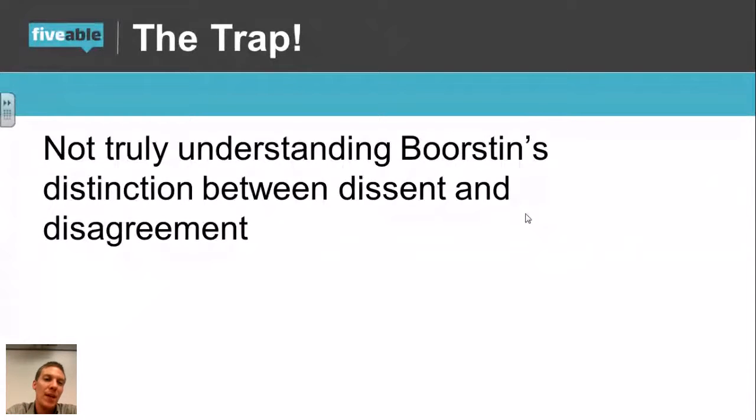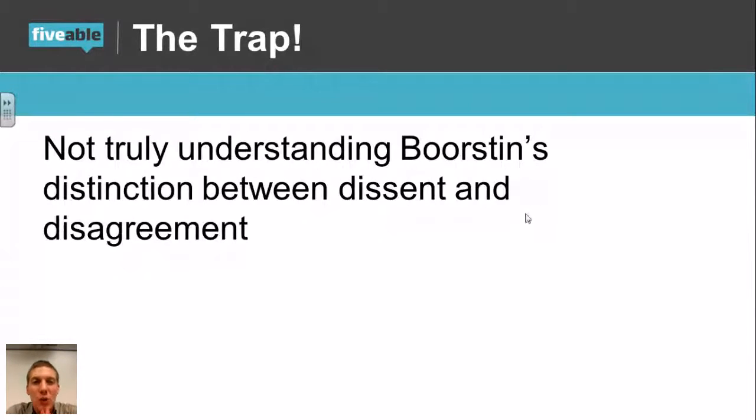So, for example, Boorstin argues dissent is when we just can't come to see the other side, so it leads to resentment. Disagreement is we will agree to disagree, but we don't hate each other afterwards. If I don't get that nuanced distinction he's making, I can't really write this essay.